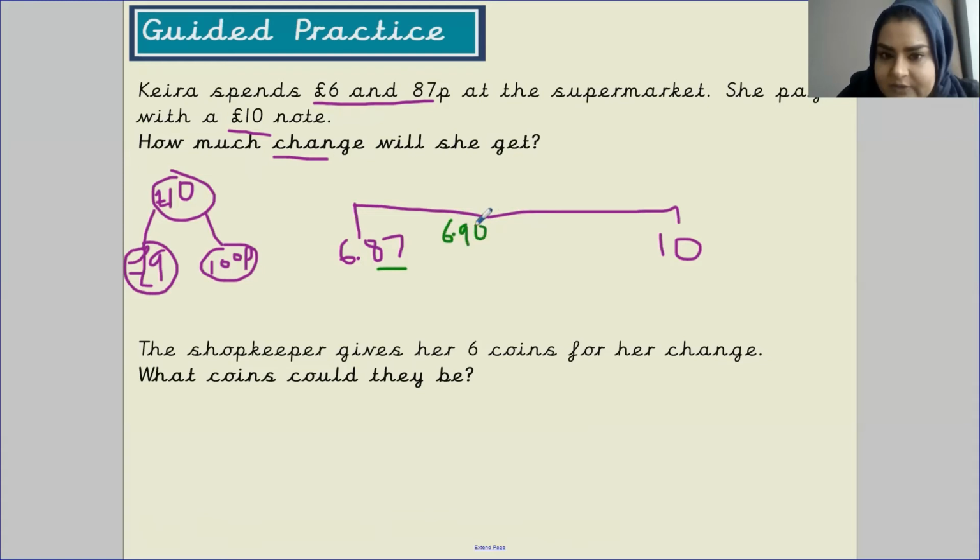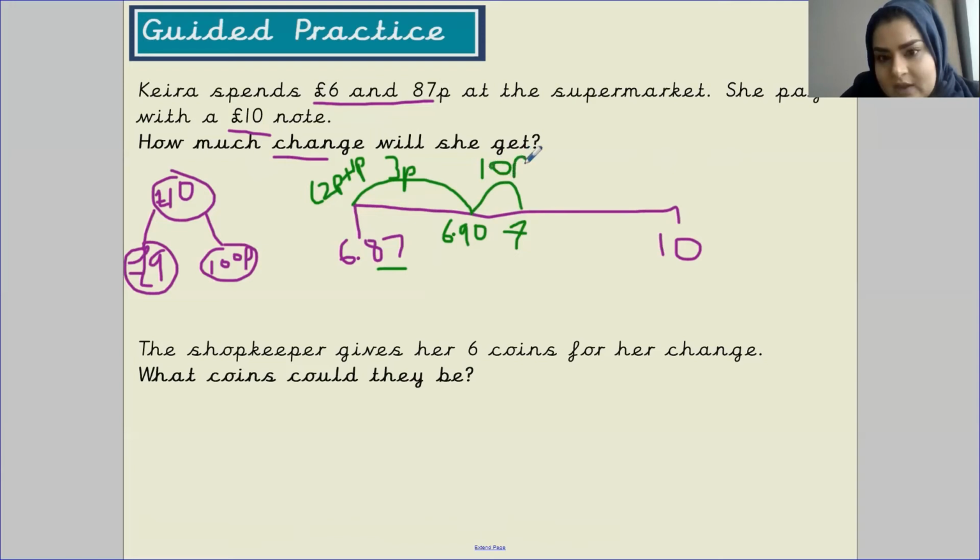If I want to get to £6.90, I am going to use 3p, which will be my 2p and my 1p. Then I am going to go to my next full pound, which is £7, and I am going to use 10p.